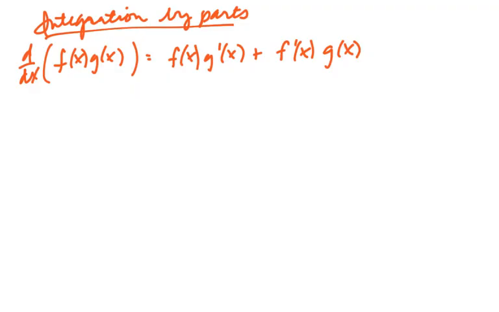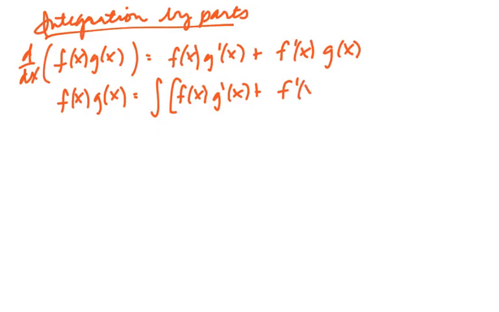Now we know every derivative, you can take the antiderivative and go back to the original function. So we could say that f of x, g of x equals the integration of f of x, g prime of x plus f prime of x, g of x. So if we take the antiderivative of this long thing, we come back up with f times g.